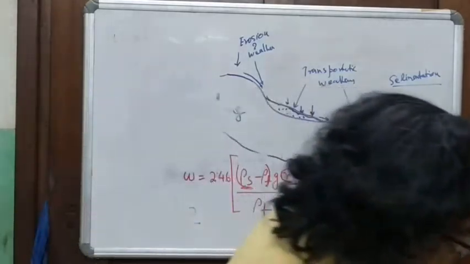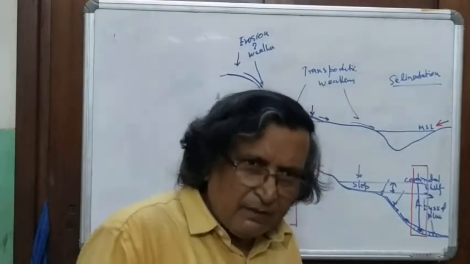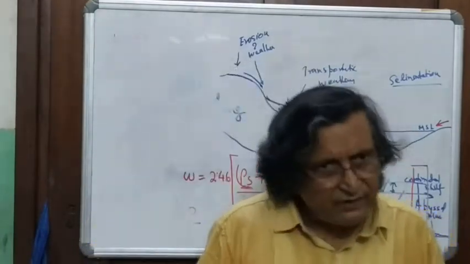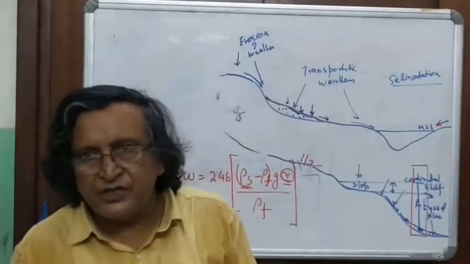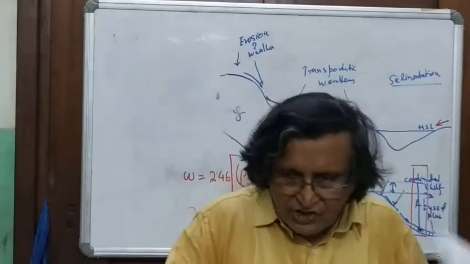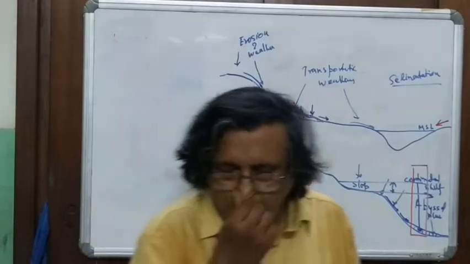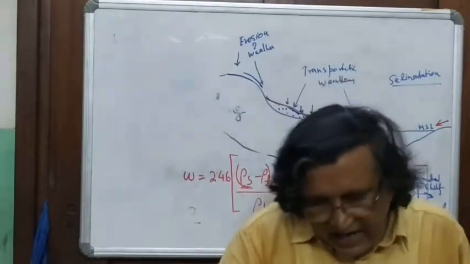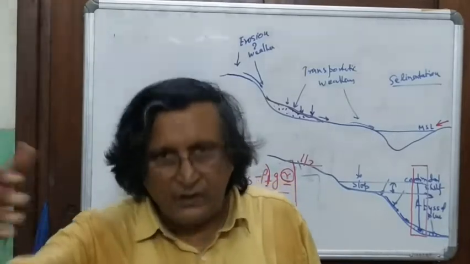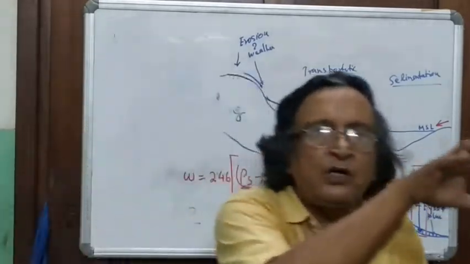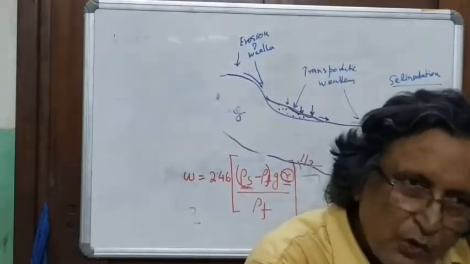If you take a column of sediments, you know during the monsoon there is a lot of water in the river, and the speed of the rivers is also much more. The total bulk of water and the speed of water is much more. But as the monsoon season ends and we go through to the winter and summer, the total amount of water coming into the rivers is much smaller, and it comes at slower speeds.